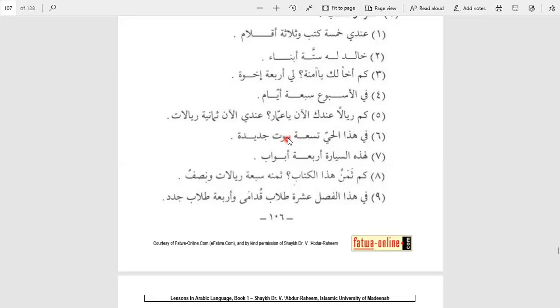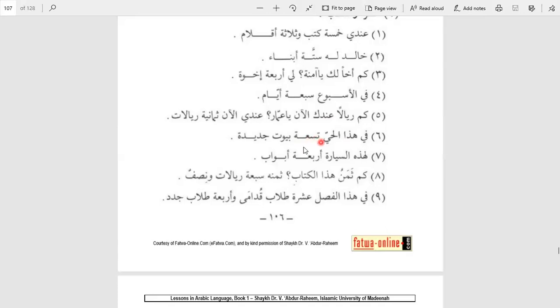Because we said kullu jam'in mu'annath only applies when it is not in numbers. Like in this case, buyutun is feminine when we want to describe it, but we cannot use that in numbers.